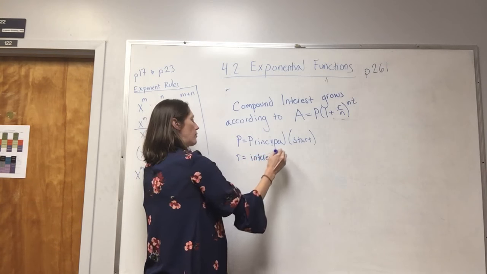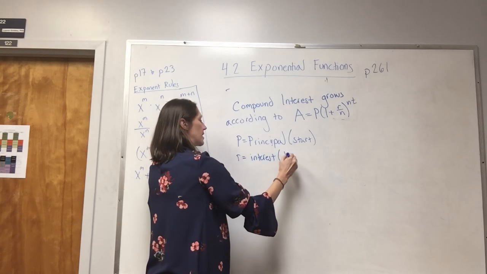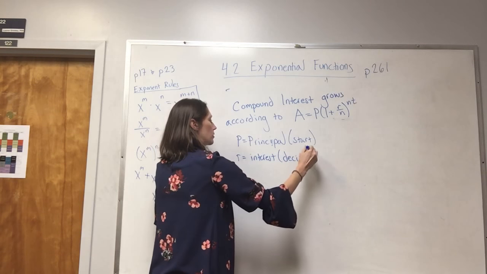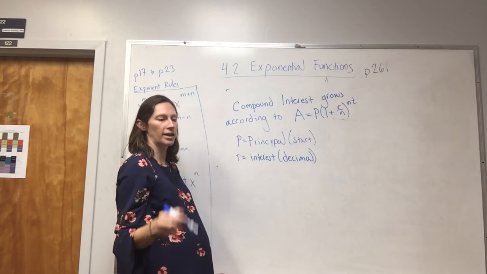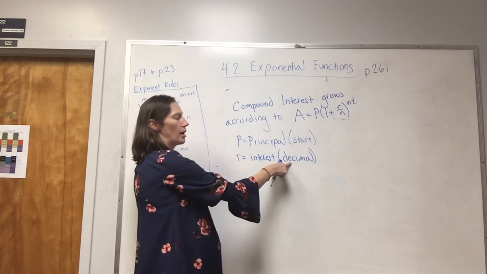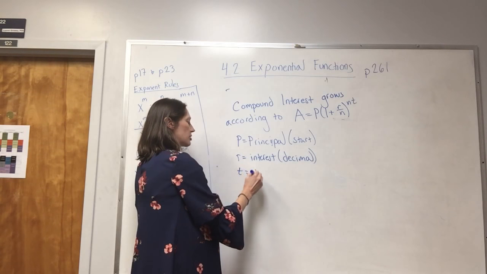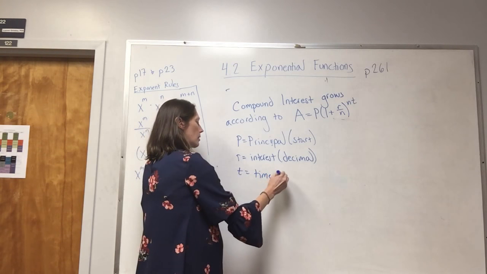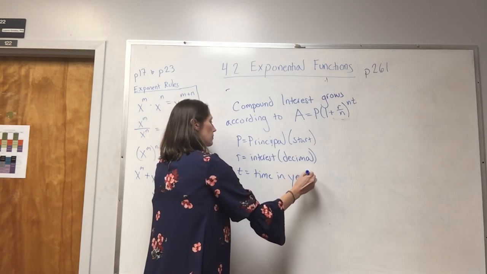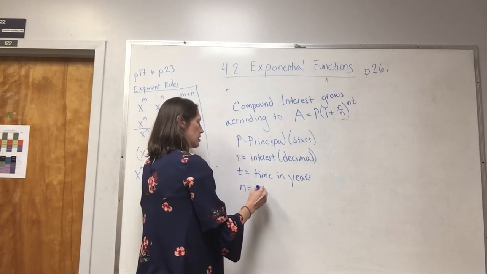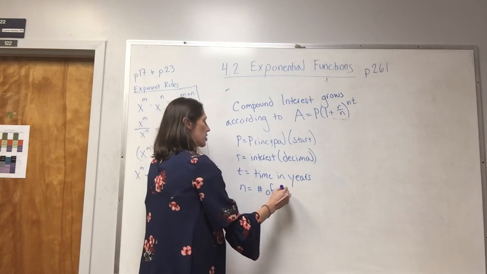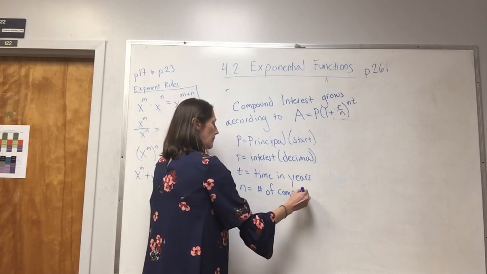Just make sure when you have R, it's always as a decimal. So if we talk about 2%, you have to convert that to 0.02. Otherwise, your whole formula will be off. T, I'm just going to say is time in years. N is the number of compounding terms in a year.